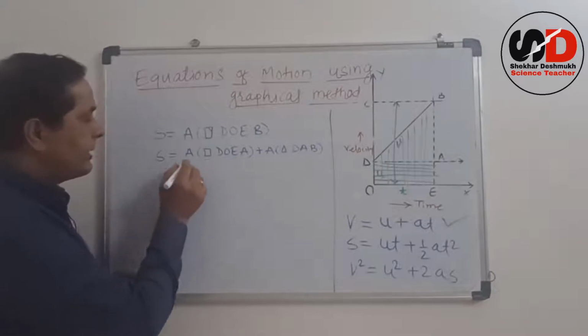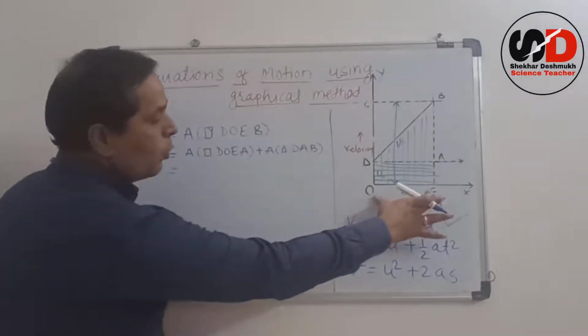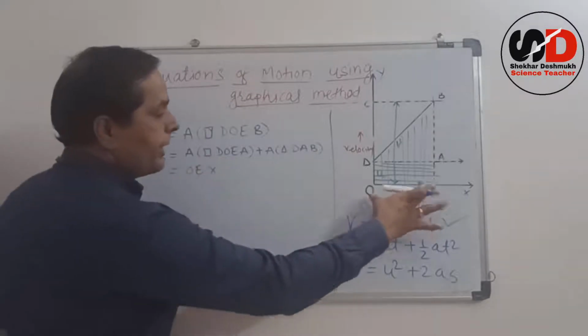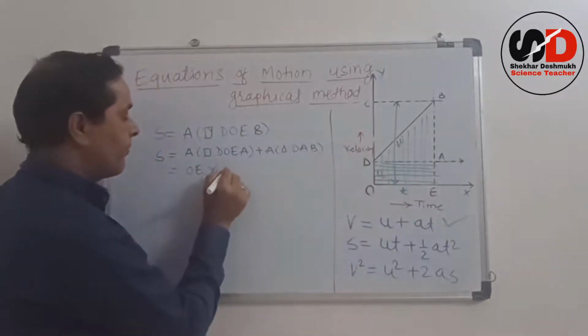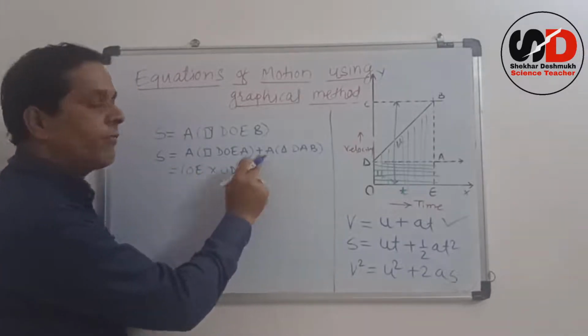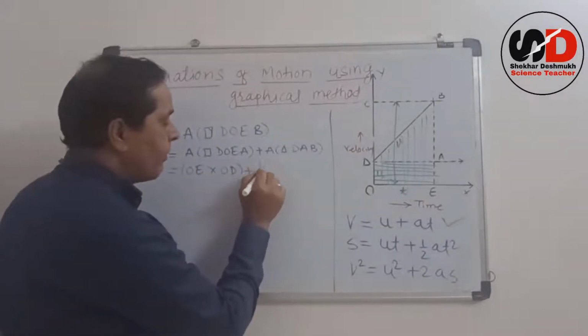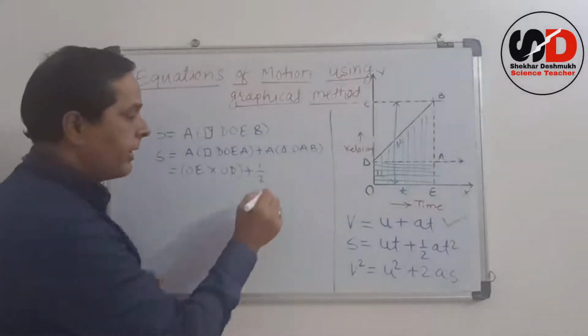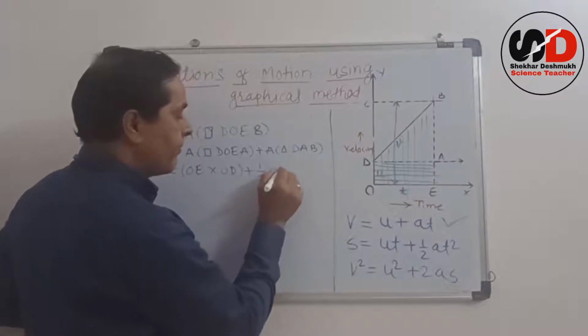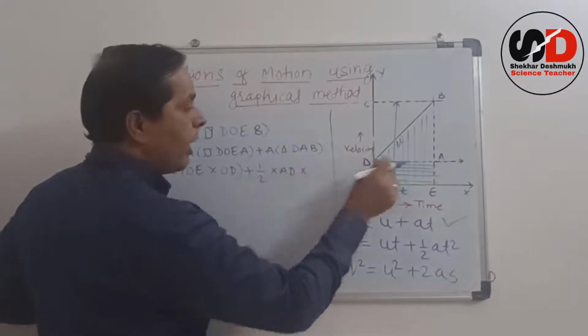So it is equal to length OE into OD plus area of triangle. So it is 1/2 base AD into height AB.